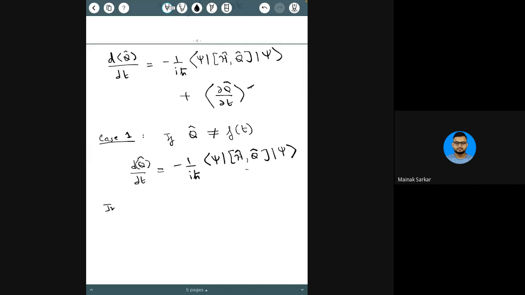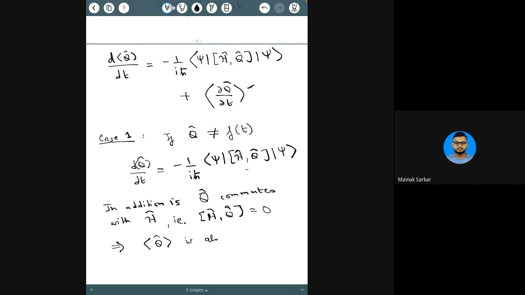In addition, if Q commutes with H, this means that the commutator of H and Q is 0, then the expectation value of Q is also independent of time.